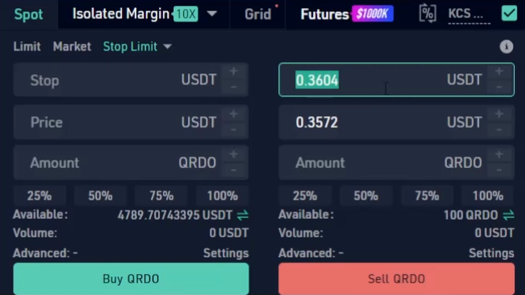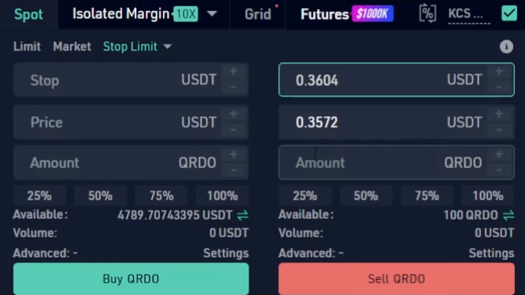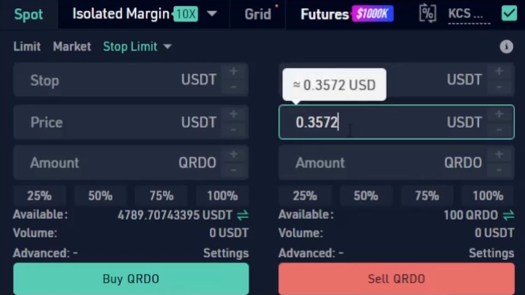Once it reaches that, it will attempt to sell my specified amount between that price and as low as this price, 0.3572. So all the prices between there. Ideally, it will try to fill at 0.3604 if it's able to, but if there's not enough buyers waiting at that price, it will attempt to fill that order between that price and this price here.